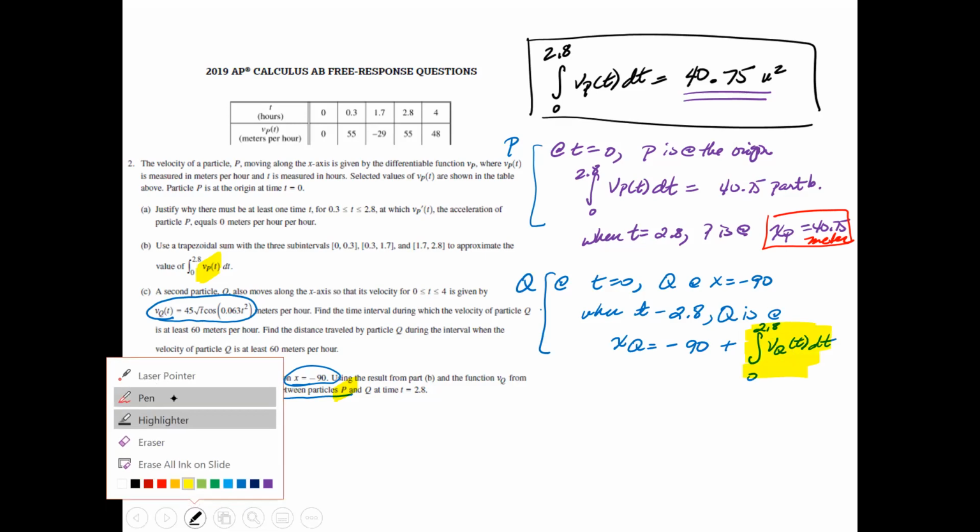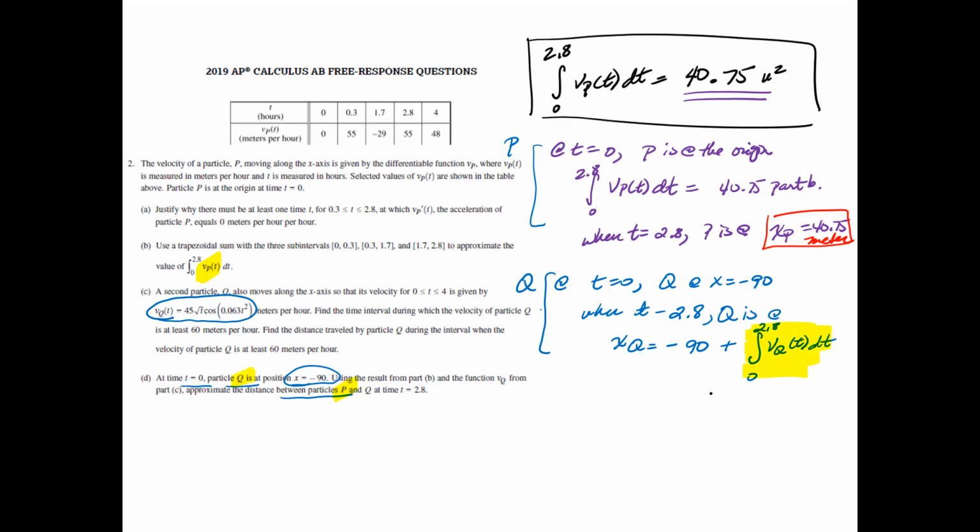And so once again, in order to find this information, you would need to use your TI-84 calculator. You're going to go to Math, Integral, which is the 9 button, and plug in this equation. But keep in mind, you're going to be evaluating this between 0 and 2.8.